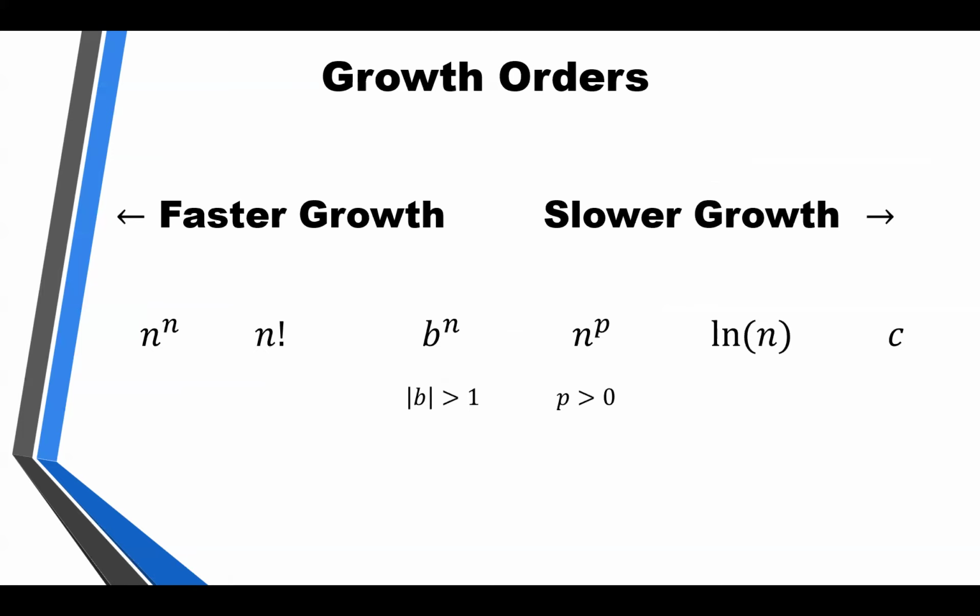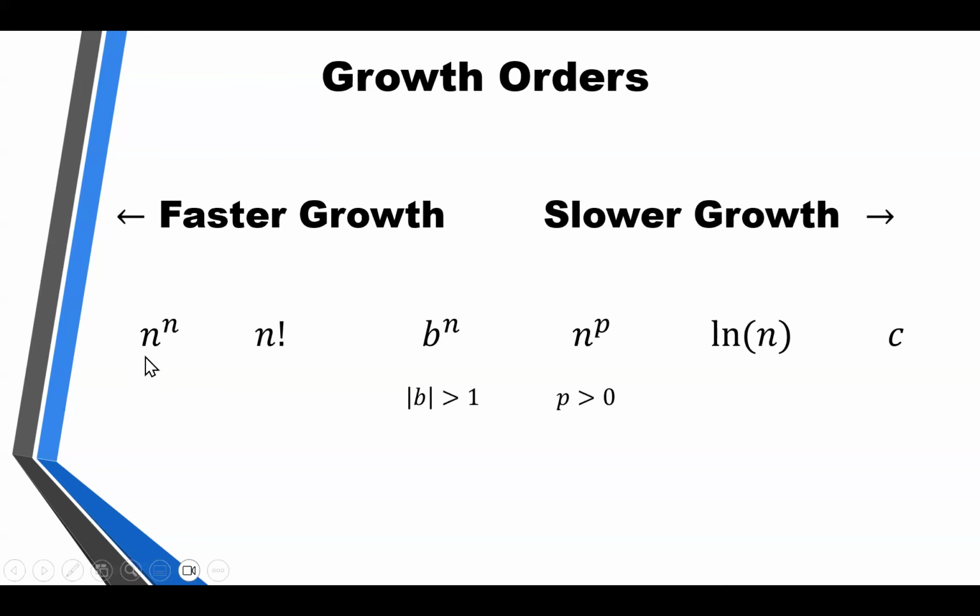Now, this goes back to the concept of faster orders of growth and slower orders of growth. So let me remind you of that. n to the n power is a faster order of growth than n factorial.